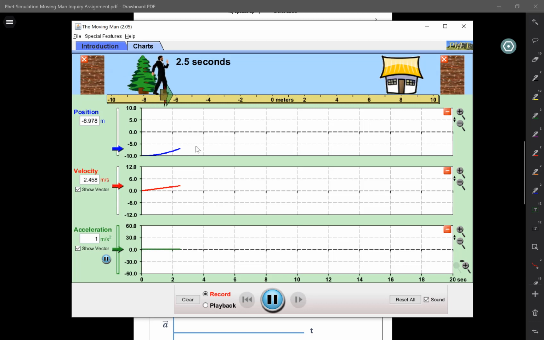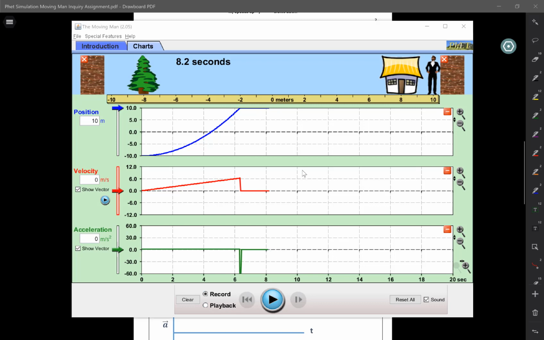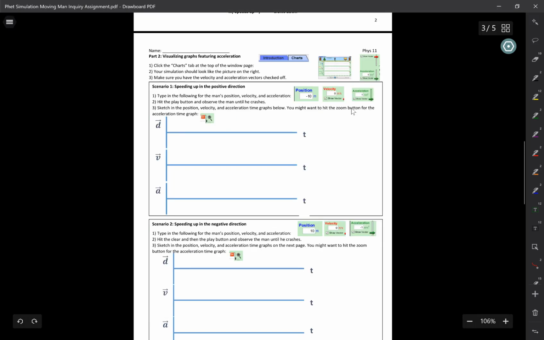So he is moving forward. Notice as he is moving, the graphs are being formed. Okay, and then he crashes. And I just press the play button so this graph doesn't keep going. Now we would draw them in. If we need to zoom in, you have this little button here at the top where it says zoom in.